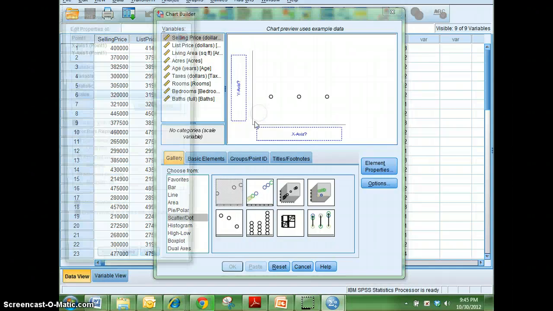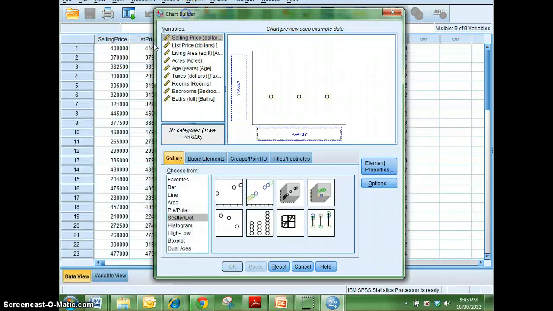I'll drag this up into the window. And then I'm going to go ahead and put selling price on my x-axis. And then on my y-axis, I'm going to put acres to see if perhaps the more that you pay for something, the more acreage you're getting. I don't know. We'll see what happens in our graph.